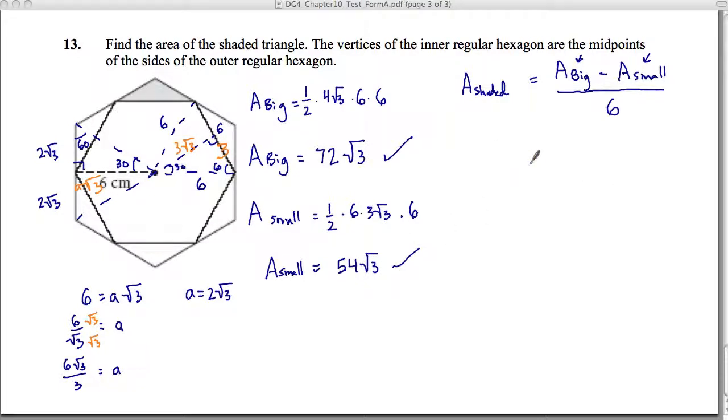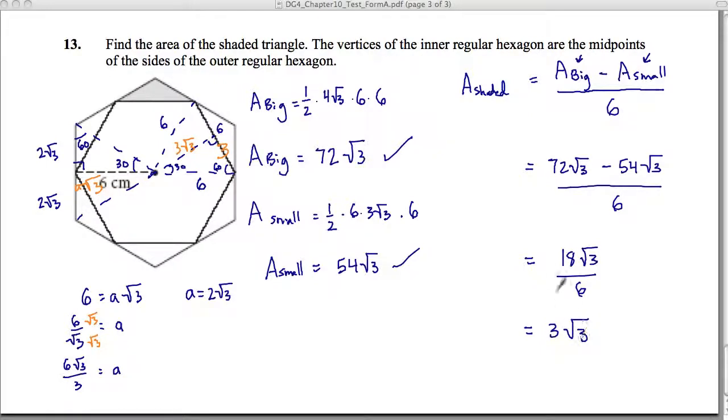The area of the shaded region is 72 square root 3 minus 54 square root 3 over 6. Simplifying, 72 square root 3's minus 54 square root 3's gives 18 square root 3 over 6. 18 over 6 is 3, and so we have 3 square root 3 is the area of that shaded region.